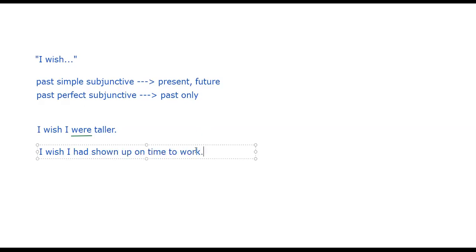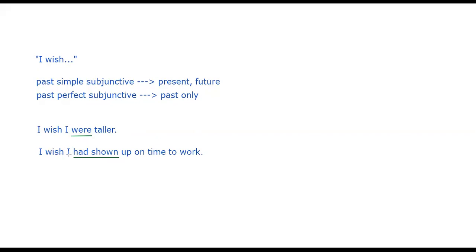Yeah, we'll work with that. So here we have a past situation. I wish I had shown up on time to work. We use had shown because you didn't show up on time to work and it's a past situation. But if you had shown up on time to work, then things would be different. So that's why we use the had shown because again, the past perfect subjunctive points to the past only.